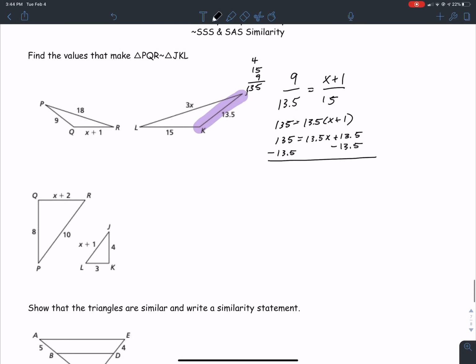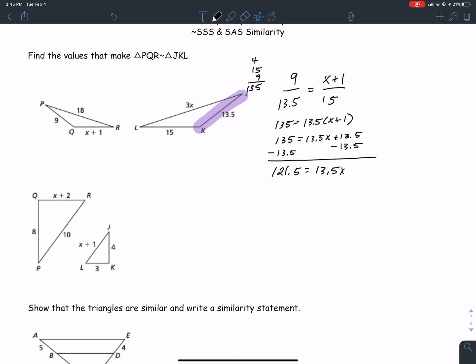And then we get a number. 121.5 equals 13.5x.